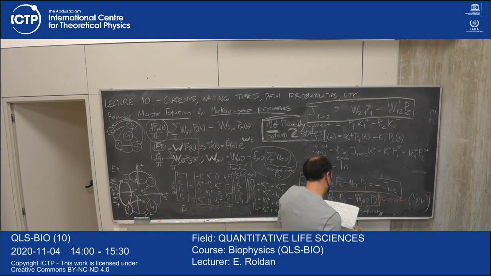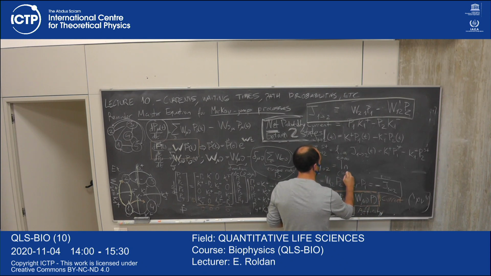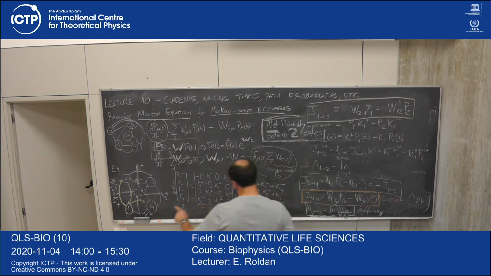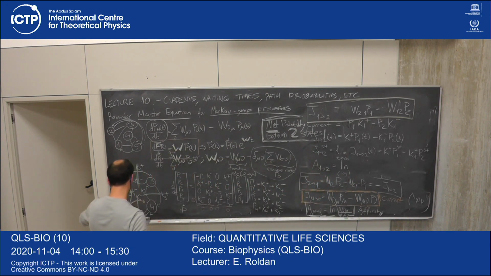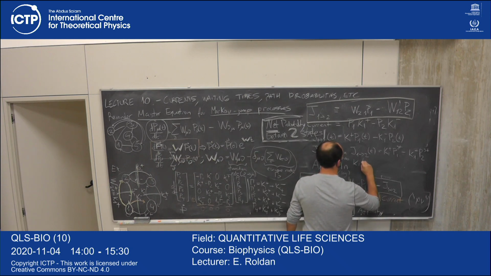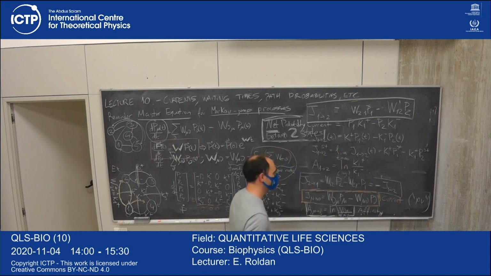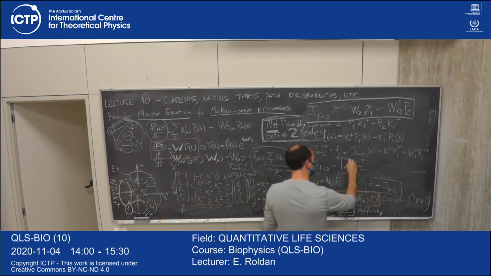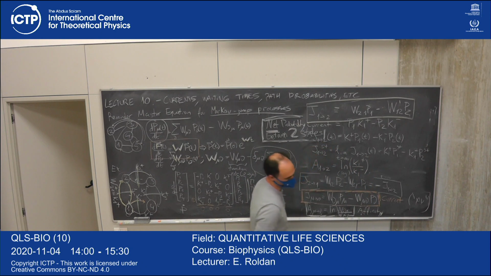There are different conventions. I call it ln, but some people, you will also see it as log. 1 to 2 will be the log of the forward rate divided by the backward rate. So in this case, it will be k1 plus divided by k1 minus. It's the logarithm of this ratio.